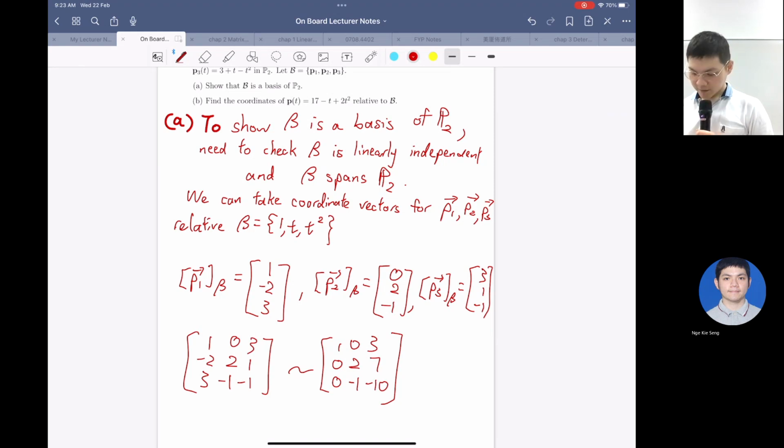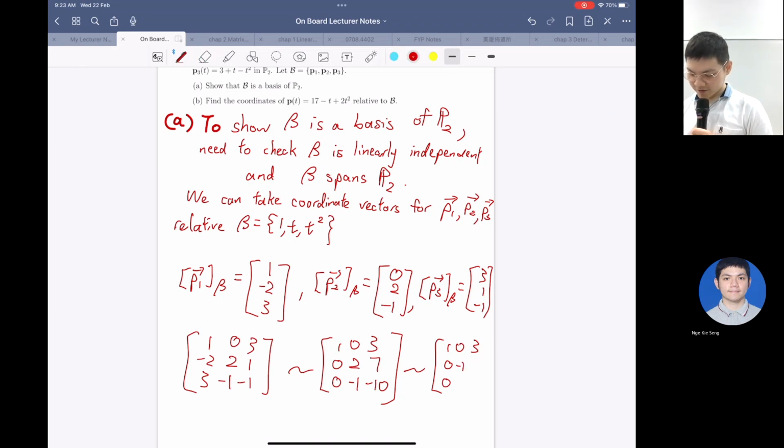And then what can we do next? Change the third row to the second.